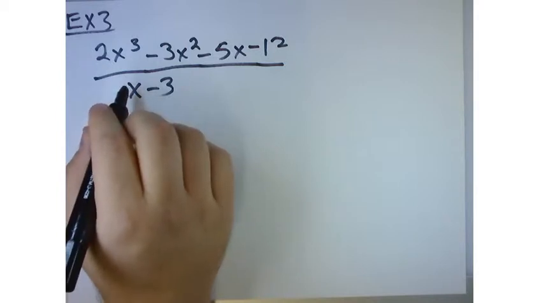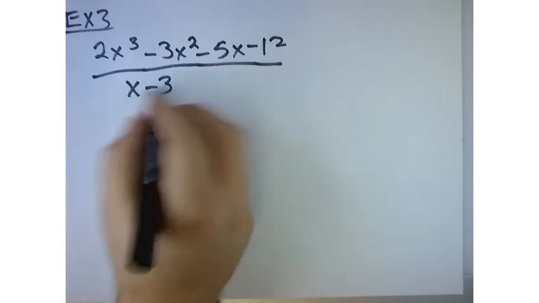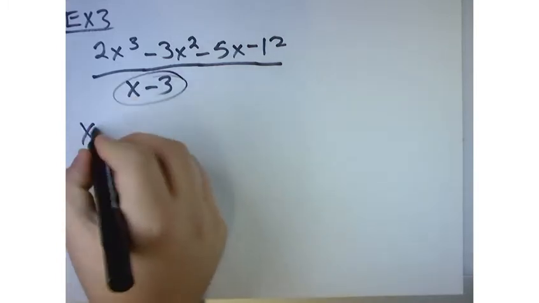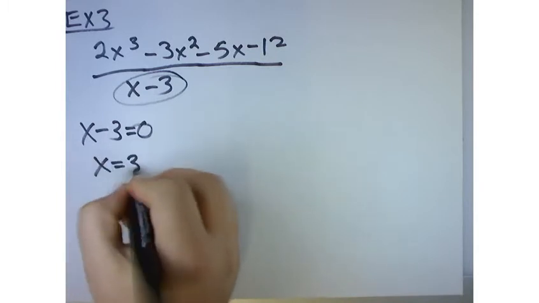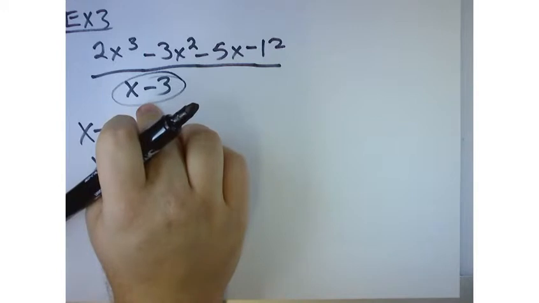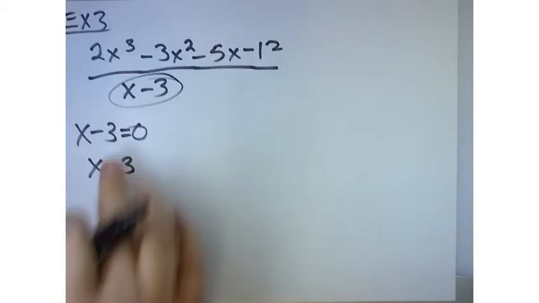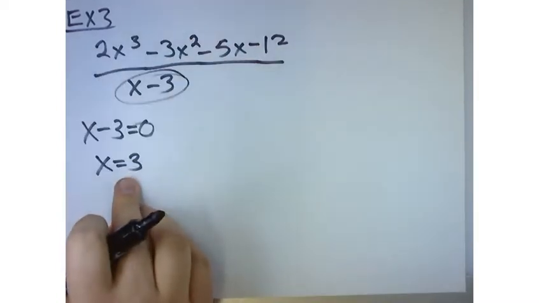If we apply the remainder theorem, x minus 3 should equal 0, or x equals 3. So if this is a solution, then we would set this equal to 0 and, graphically speaking, we would cross the x-axis at x equals 3. Does that make sense? You guys remember all that stuff?